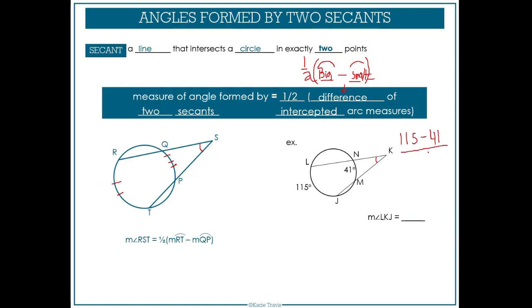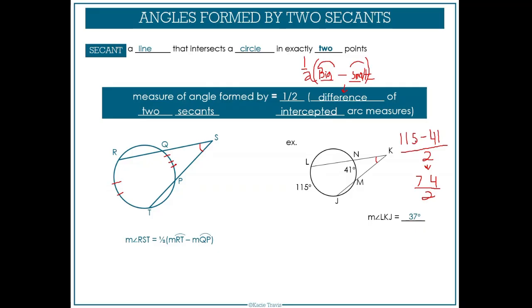And then I divide by 2. Now 115 subtracted by 41. So let's see, that's going to give us a 4 here. And then that's going to give us a 7. And then when we take 74 and divide it by 2, we get an answer of 37.